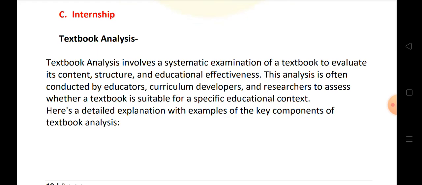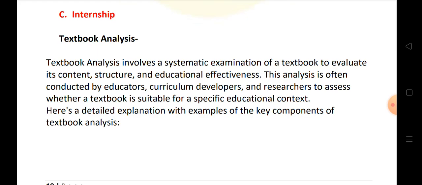When we enroll ourselves in B.Ed or D.Ed, in the fourth semester we come to learn about internship. In internship we do different activities: maintaining the teacher's diary, assembly records, staff meeting reports, creative expressions, famous personalities, then textbook analysis. There are so many things we do. So going through this will be a kind of revision for us.